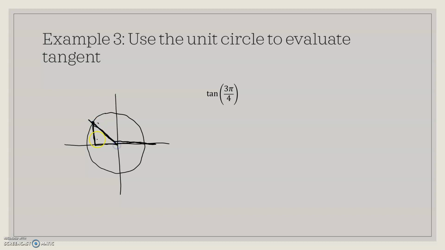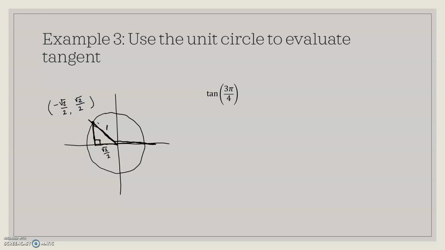So my reference triangle is going to be a 45, 45, 90 triangle, which means the two sides are going to be the same. The hypotenuse is 1, and this is the one where the sides are square root of 2 over 2. So for this point on the unit circle, since we're in the quadrant where the x-coordinates are negative, this point would be negative root 2 over 2, and then the y-coordinate is positive because it's up from the x-axis.